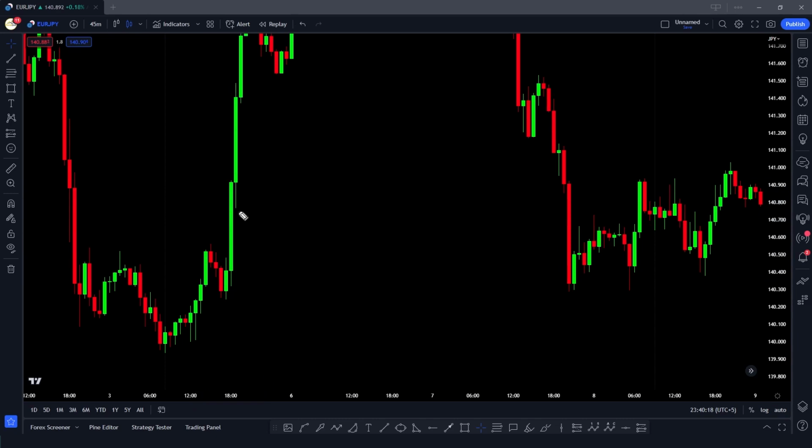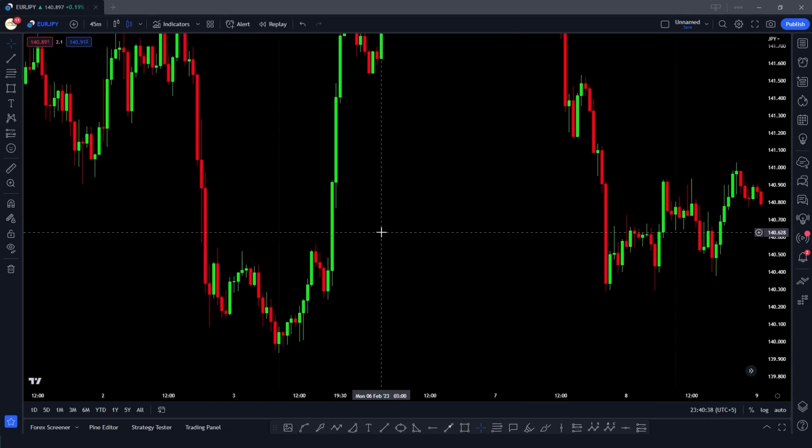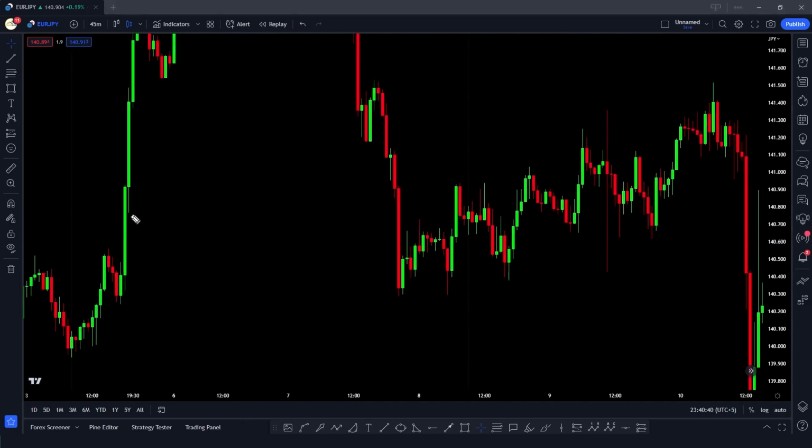So in this case, there is a fair value gap that exists in the market, and this fair value gap would be drawn at the low of this next candle here and at the high of this previous candle here. This area between these highs and lows would be a fair value gap, and the market will come back in order to fulfill this fair value gap somewhere in the future. As we can see here, the market came back in order to fulfill this gap in this area here.